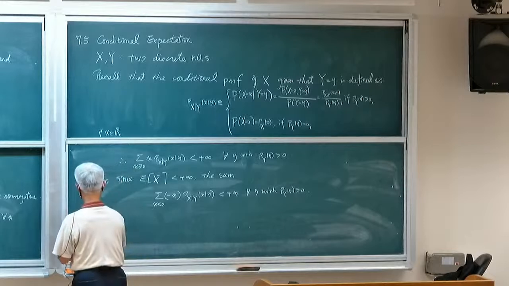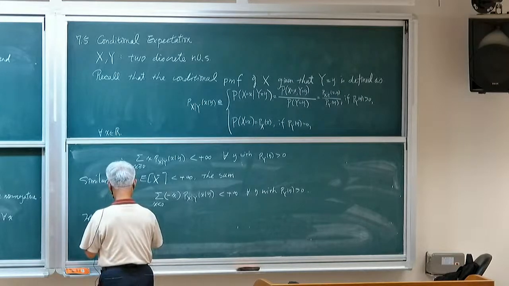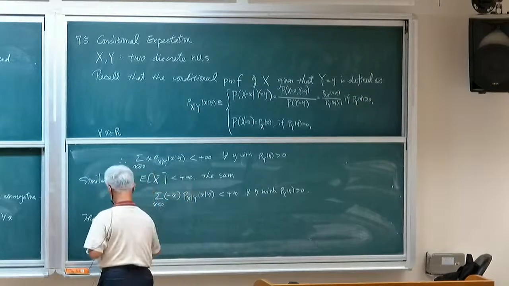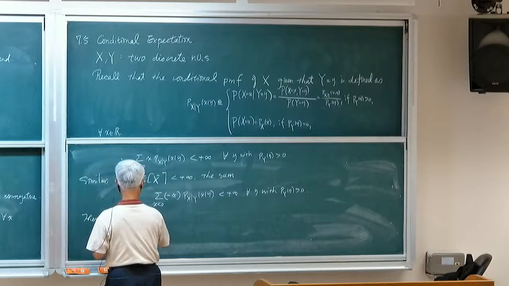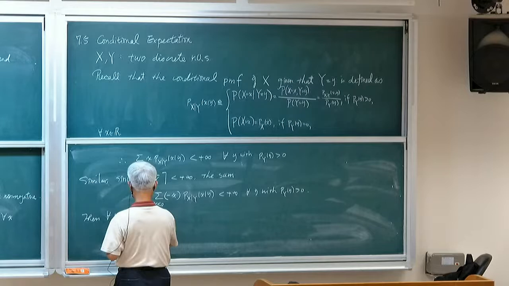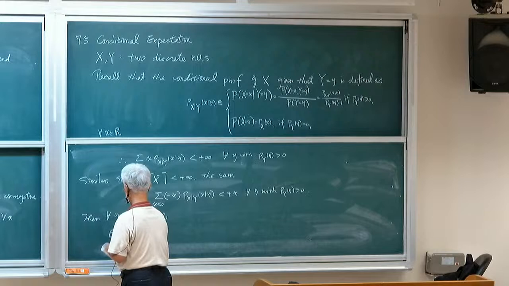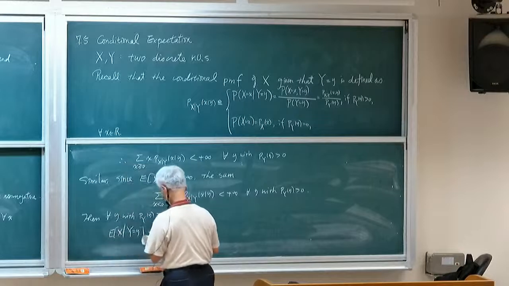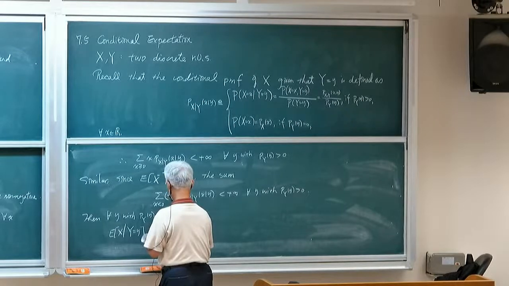Okay, then now the expectation of X. For all y with the PMF of Y greater than 0, the conditional expectation given that capital Y is equal to this little y becomes the summation of x times p.